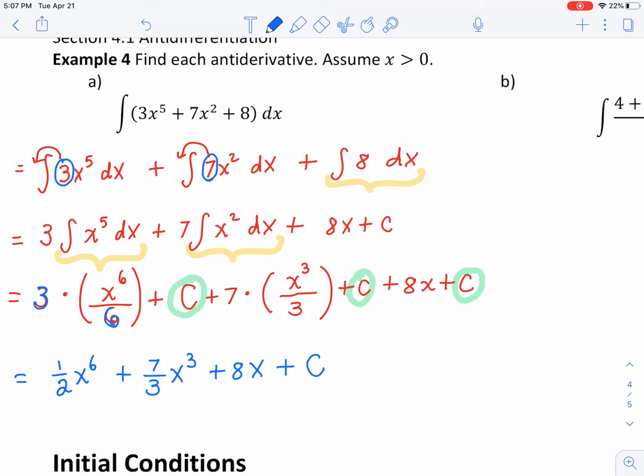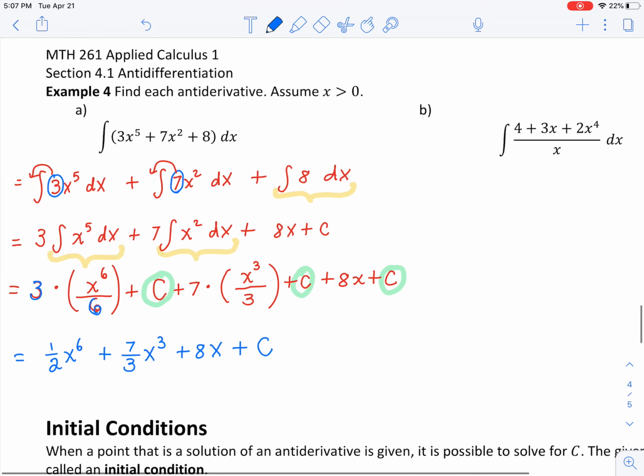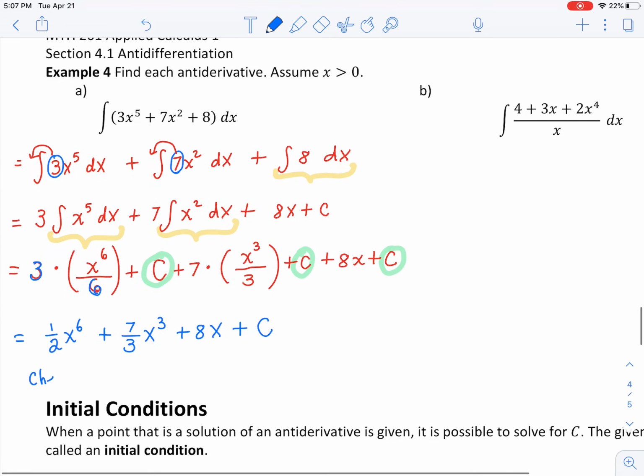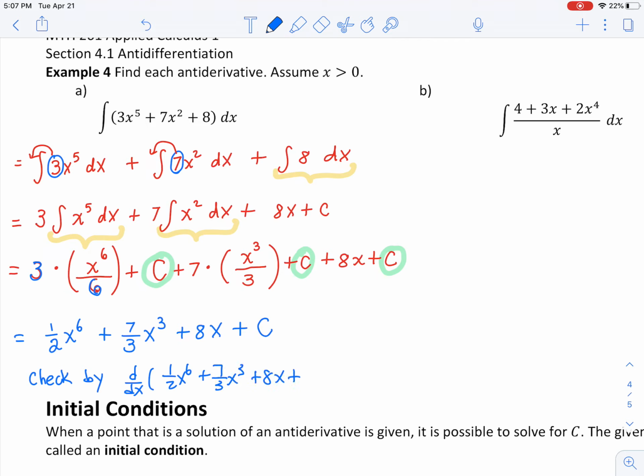All right, so the next term that I will write is plus 7 over 3x to the 3rd power, and then plus 8x. And then I can go ahead and stick the sum of 3 c's as just another c. And that's it.